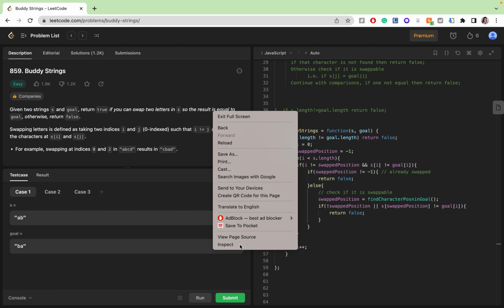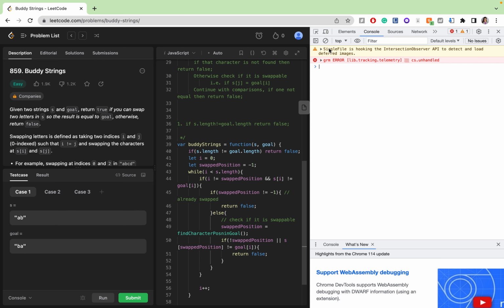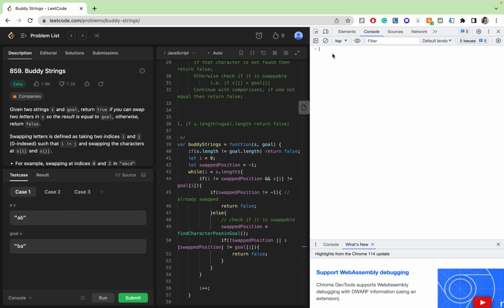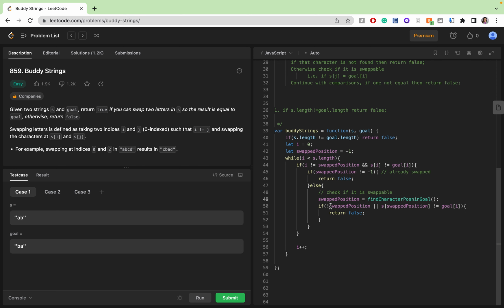Let's see if -1 is a truth value or false value. 0 equals false, this is true. -1 equals false, this is false. Okay, so -1 is not falsy. Then what should I do if swapped position is not equal to -1?